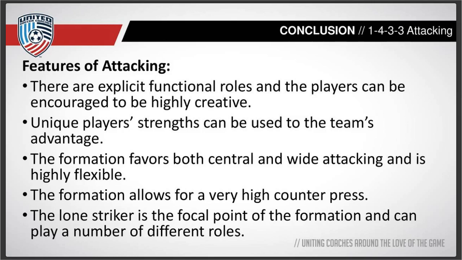So they would be perhaps your number 10. You might have that player that's lightning quick and can cross the ball and likes to take people on one-on-one. Perhaps the wide space is for them. So you now start to evaluate your players and see if you can place them intelligently into the 1-4-3-3 based on your interpretation of the formation and system.